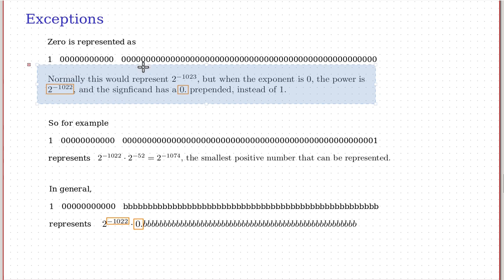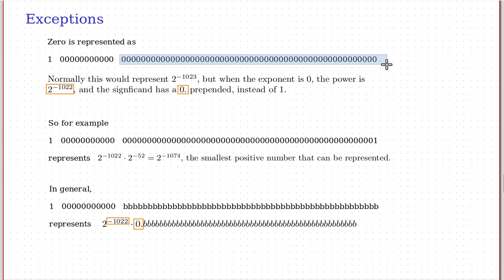A more important exception for representing 0 is that when the exponent is all zeros like this, we do not prepend a 1 point to the significand bits. We prepend 0 point to the significand bits. So, second exception, because the exponent bits are all 0, we prepend 0 point to the significand bits.